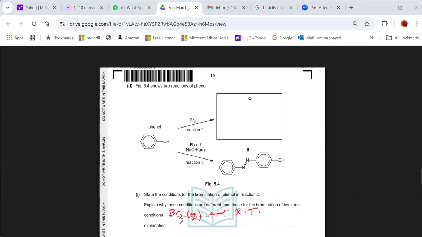And explain why these conditions are different from those for the bromination of benzene. It's because phenol contains the lone pair of electrons on the oxygen.